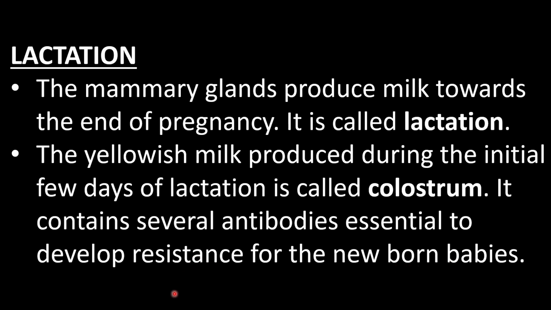During pregnancy, the mammary glands undergo differentiation and milk is produced at the end of the pregnancy, which is called lactation. And the yellowish milk produced during the first few initial days of lactation is called colostrum, and it contains several antibodies which will protect the newborn baby, and they will get immunity.